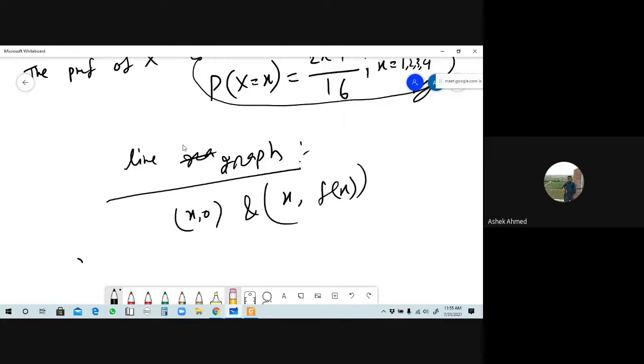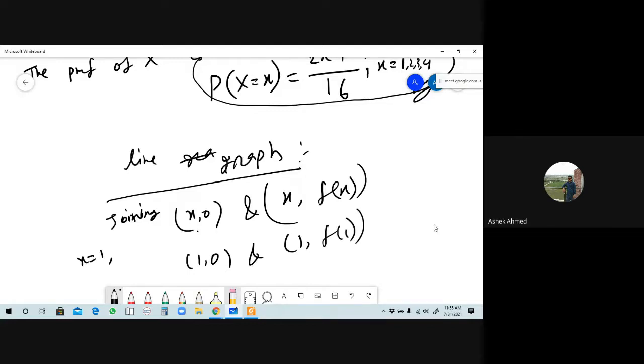Tell me, when x equals to 1, this will be 1 comma 0. So when the value of x is 1, this will be 1 comma 0 and 1 comma f of 1. Is it right?